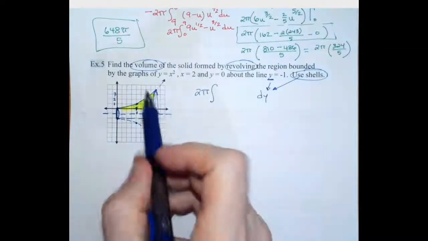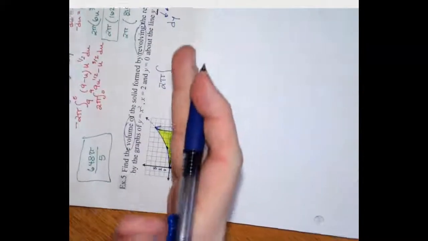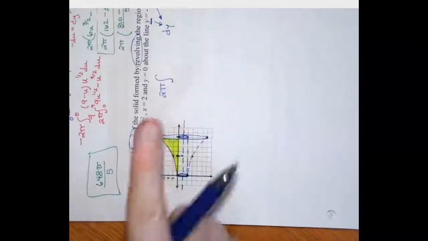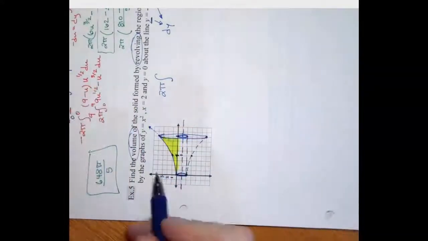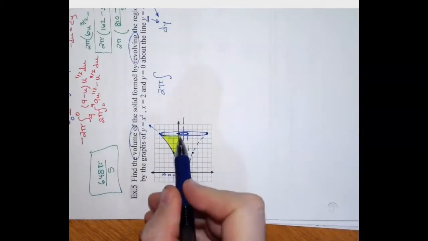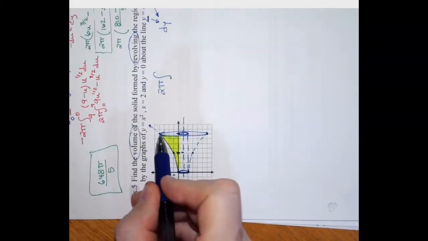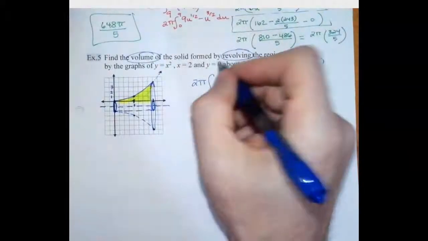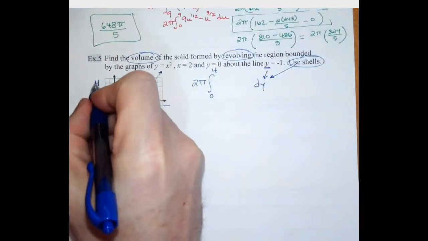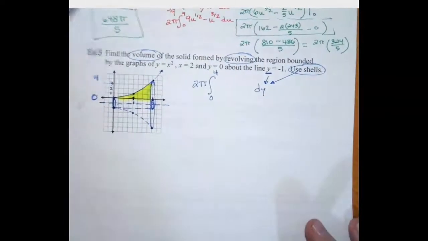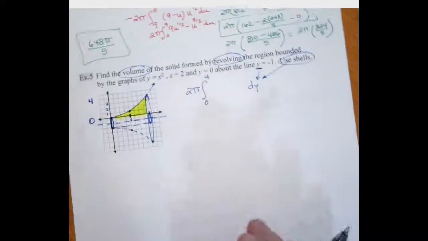So since we're going around y, we need to think about what we are doing here. We're going to use shells this time, so we're going out this way. The yellow starts at 0 and ends at 4 for y. So that's going to be 0 to 4.